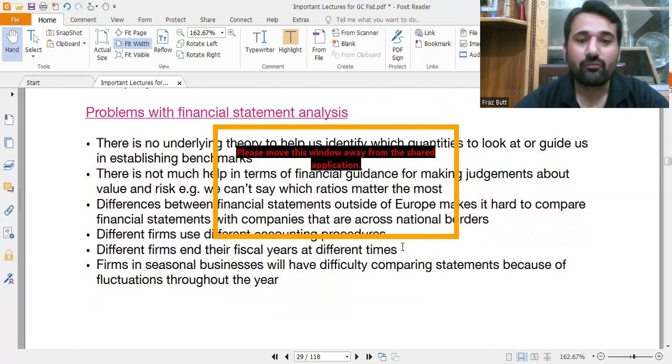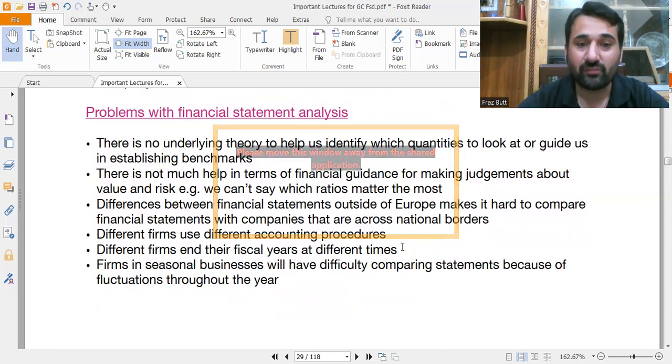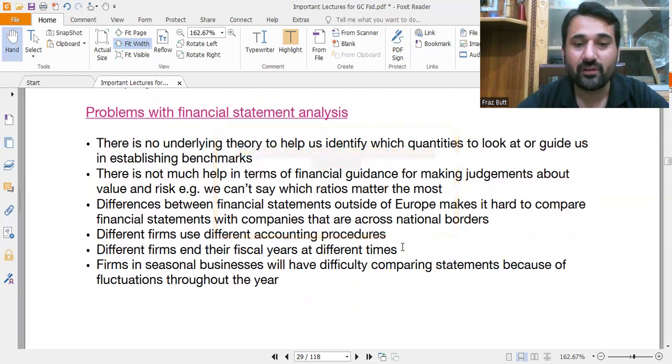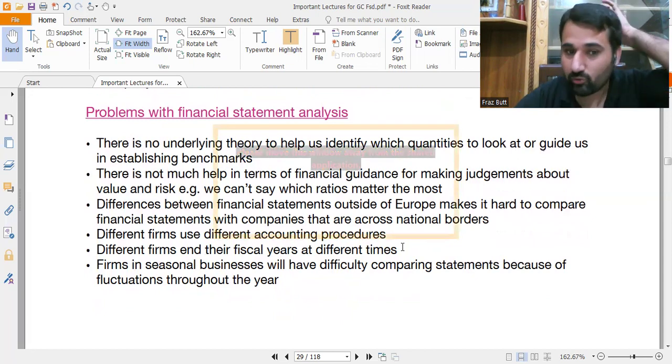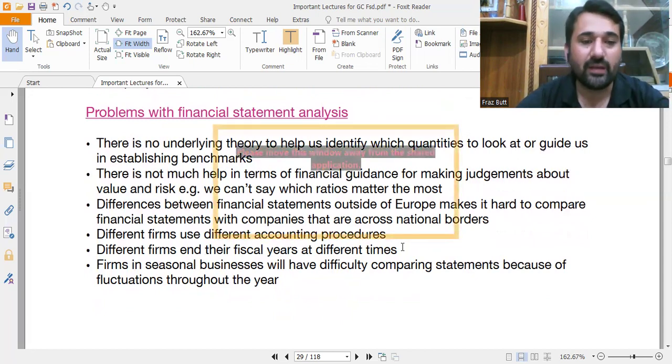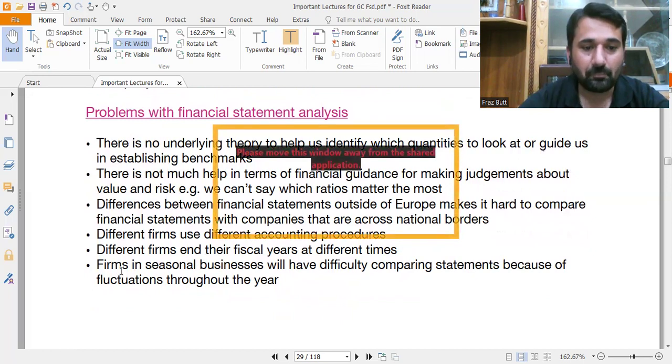As I told you, fiscal year means the financial year of a company. Most of the companies complete their fiscal year on the 31st of December, and there are various companies which complete their fiscal year in other months of the year. So this difference leads to problems in the financial statement analysis.